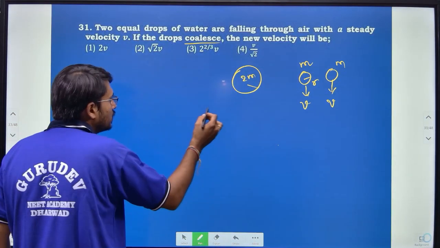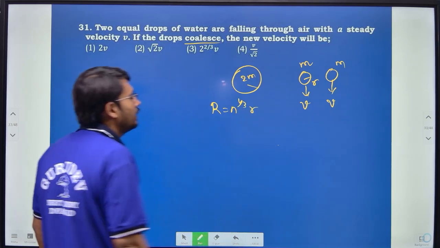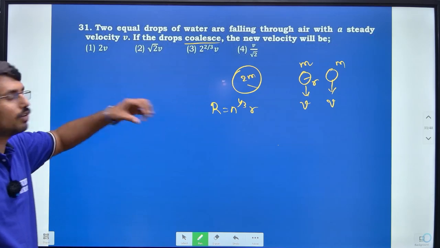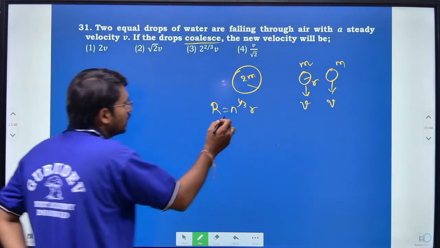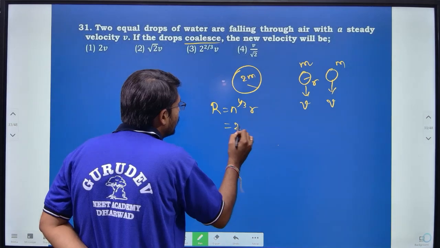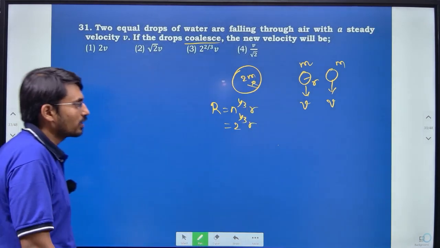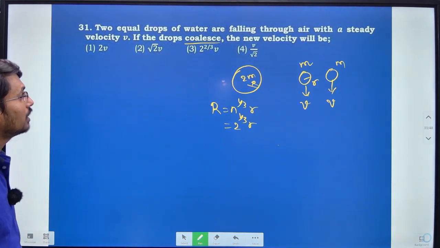In this case we know the general equation: n to the power 1/3 multiplied by r, where n is the number of small drops undergoing combination. So we can write 2 power 1/3 multiplied by r as the new radius. They have given the terminal velocity.